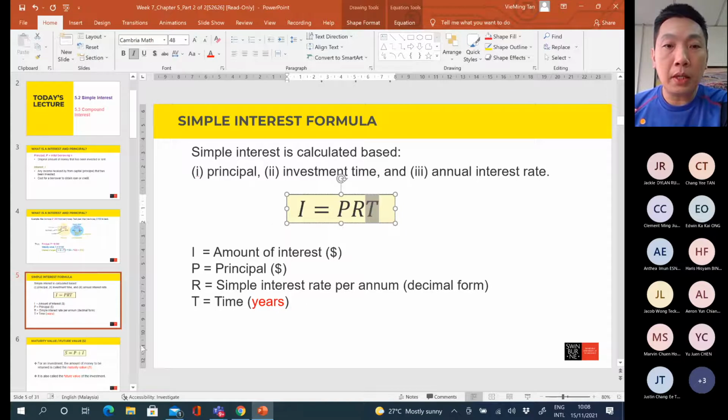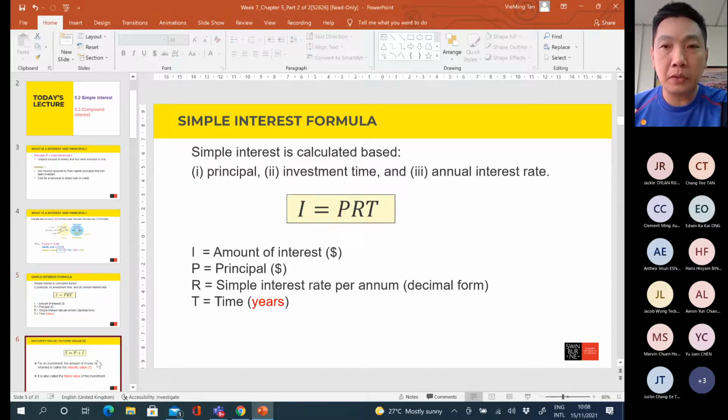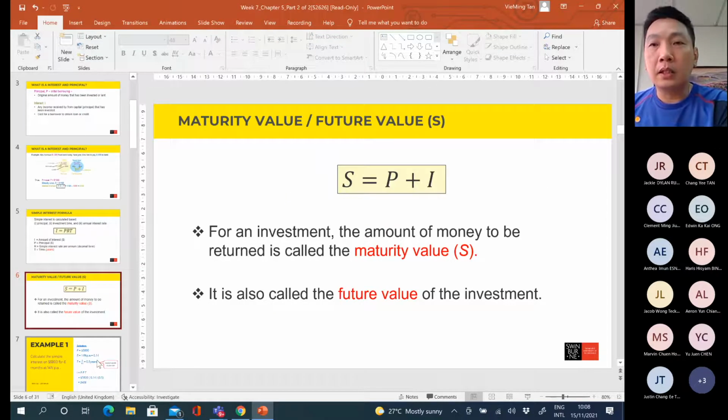Because of I, in future the borrower has to pay the principal plus the interest charged by the bank. P plus I will be the cumulative amount, and we call this the maturity value or future value.